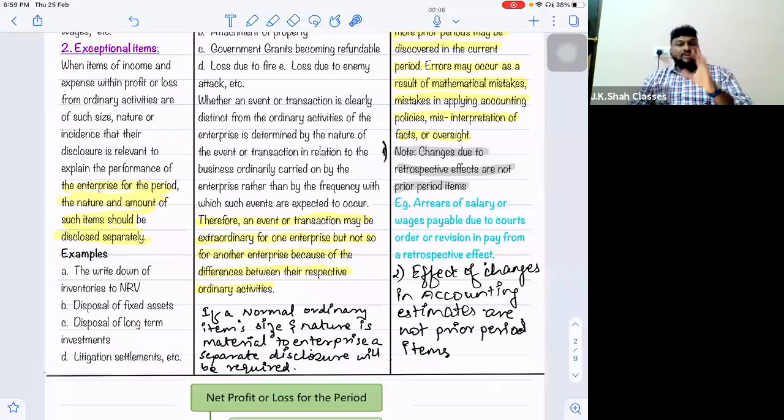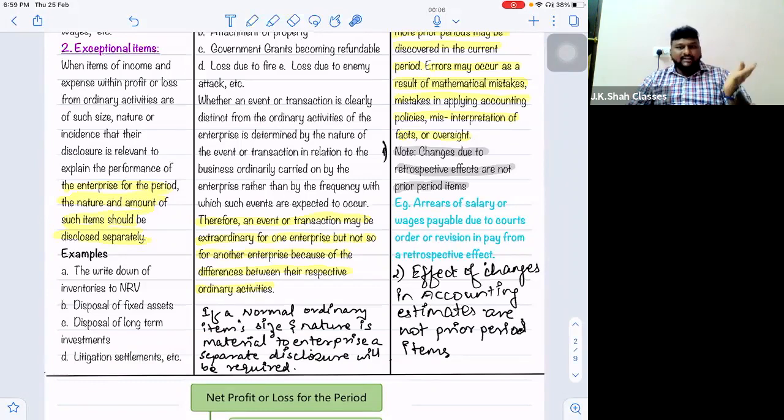Means say for example, on 1st March 2021, we decided that entire staff salary will be increased by 5,000 rupees with effect from 1st January 2020. Means on 1st March 21 you decided, but the increase will be given from 1st April 2020. So this is called as a retrospective effect. So my question is, from 1st January 2020 to Feb 21, whatever salary or wages I paid to my staff, was it incorrect?